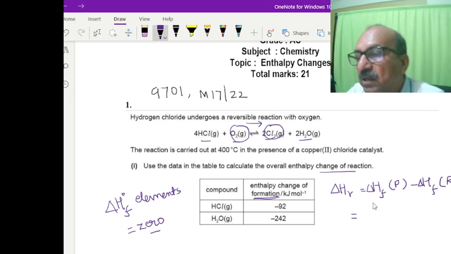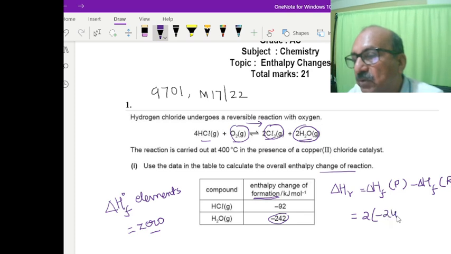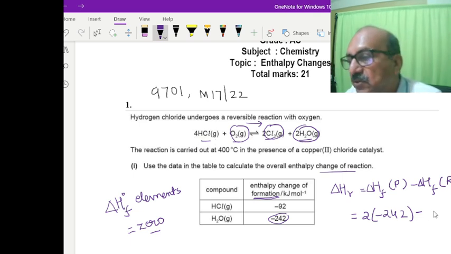So now for the products we will see only water, and the water value is minus 242, but it's for 1 mole. There are 2 moles, so it will be 2 times minus 242, and then minus the reactant, that is HCl, but this is 4 times, so minus 4 times of minus 242, and that now becomes very easy.